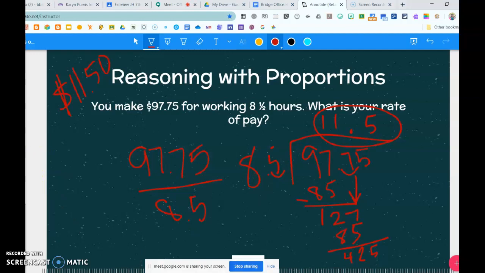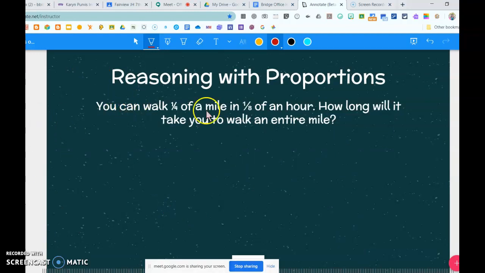Okay. If you can walk 1/4 of a mile in 1/8 of an hour, how long will it take you to walk an entire mile? Okay, so we have hours. And we have 1/8 of an hour to walk 1/4 of a mile. And they want to know how long to walk an entire mile.